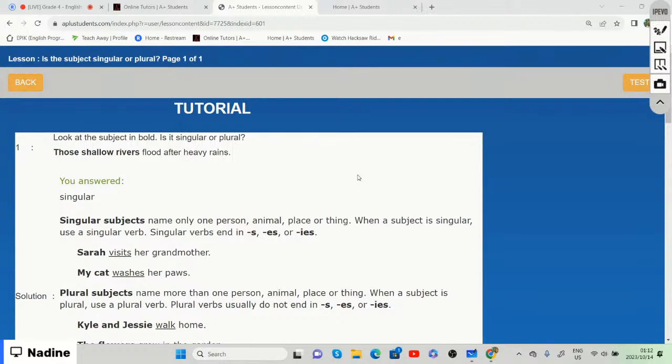And with plural, when a subject is plural, we usually use a plural verb, which means that it does not necessarily end in s, es, or ies.